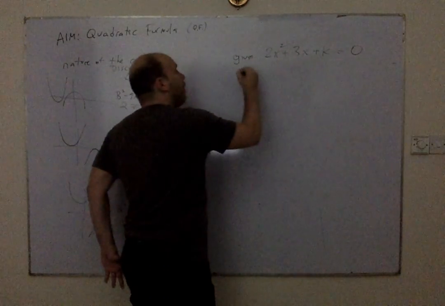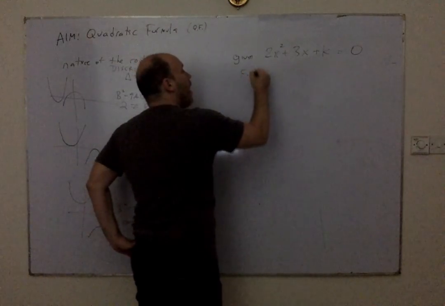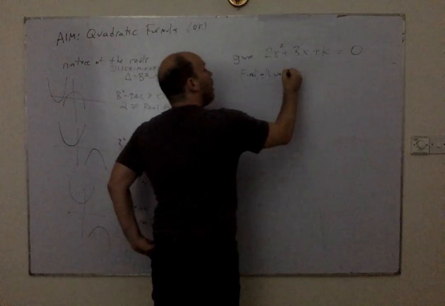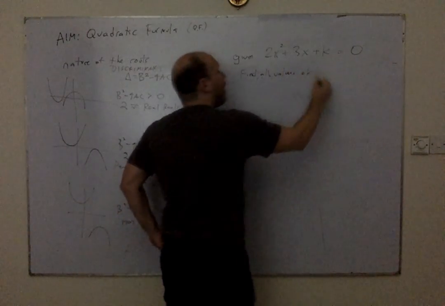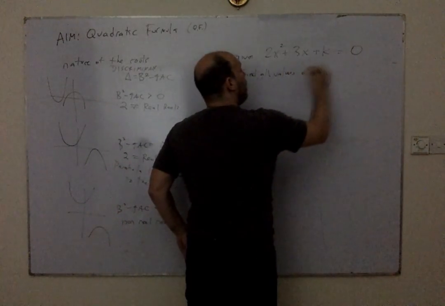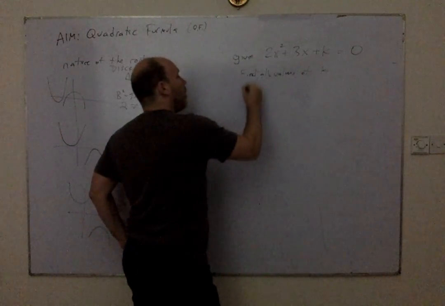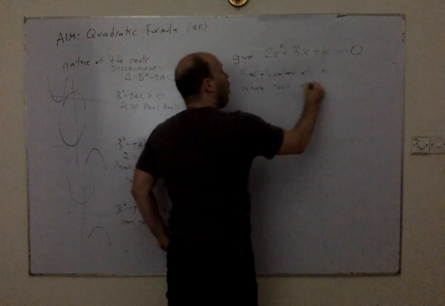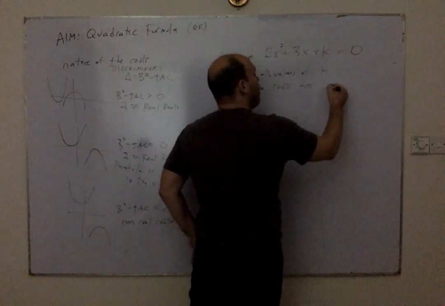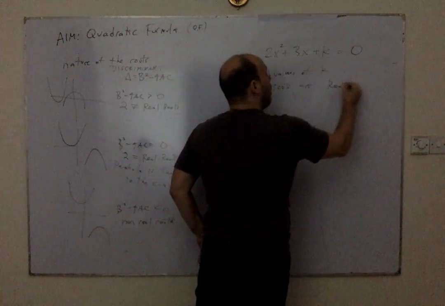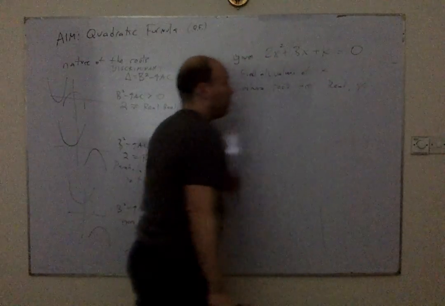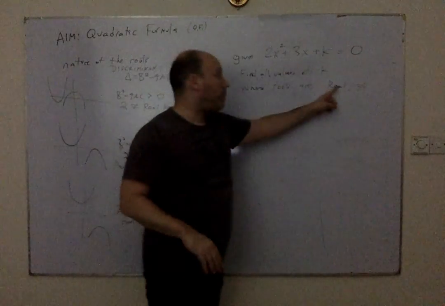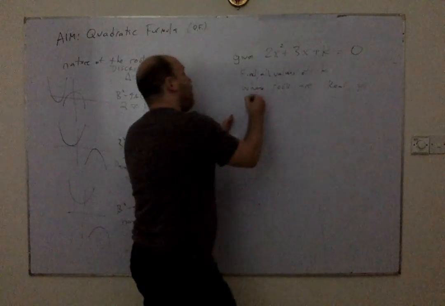And they're going to say, find all values of k where the roots are real and not equal.